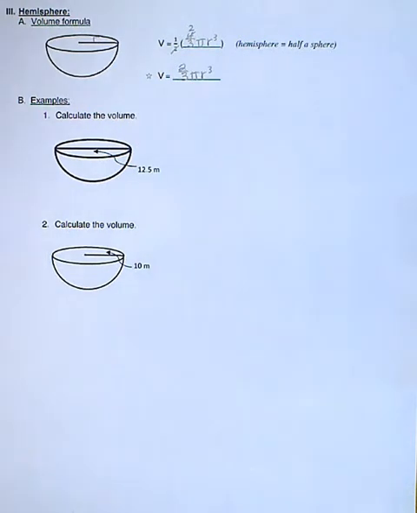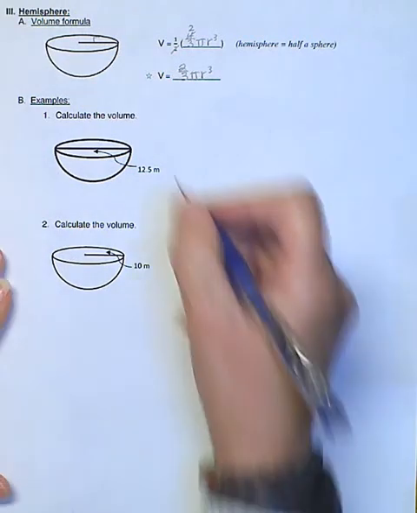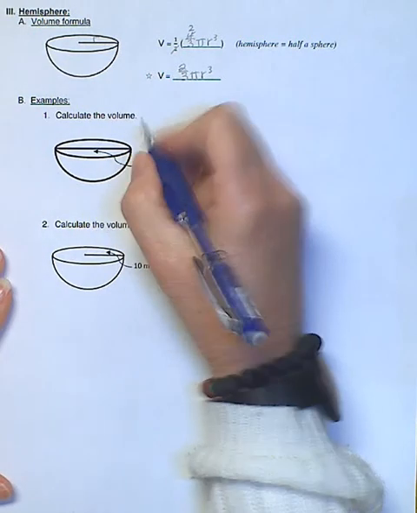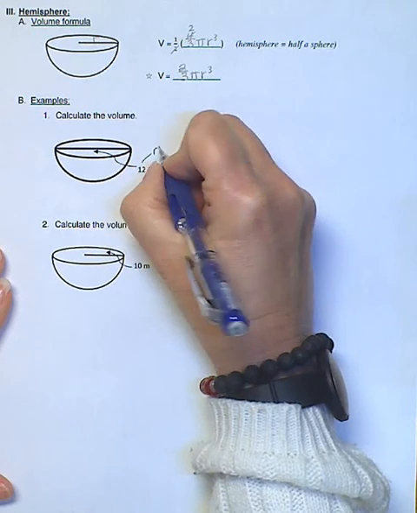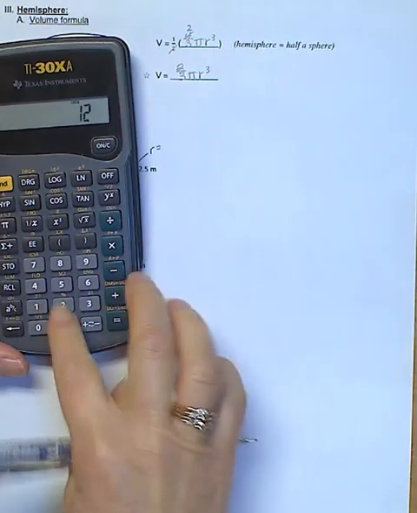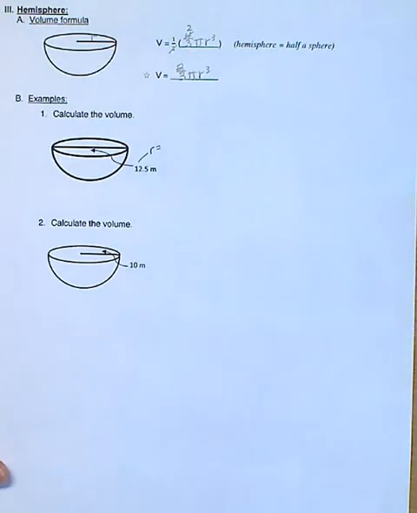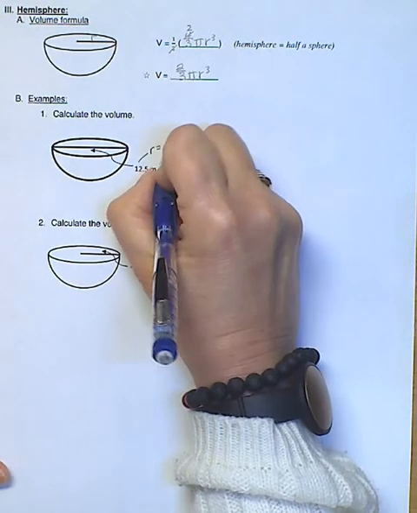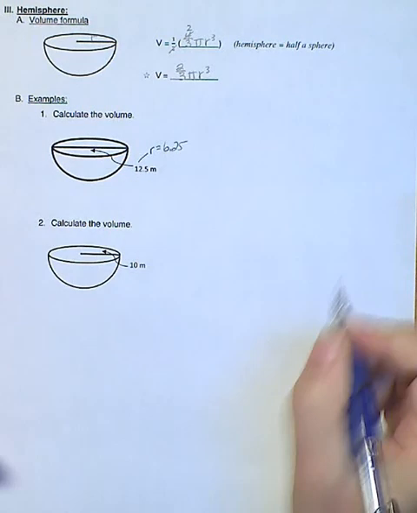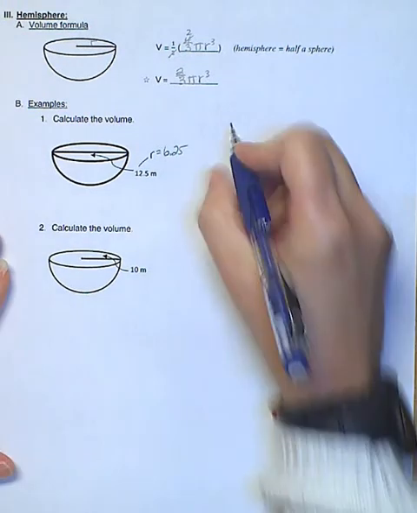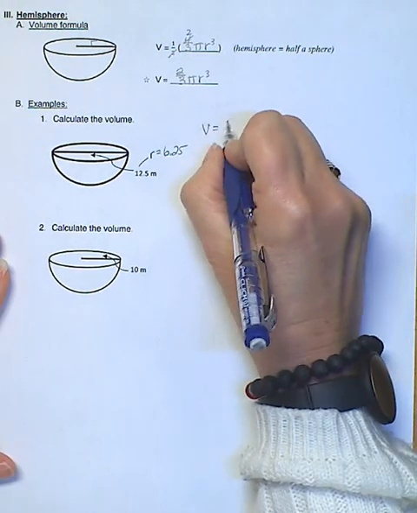Just like our first example on the sphere page, we are being given a diameter, so I'm going to need to cut that in half. So 12½ cut in half is 6.25, or 6 1/4. So our radius is 6 1/4. Volume of a hemisphere is 2/3 pi times radius cubed.